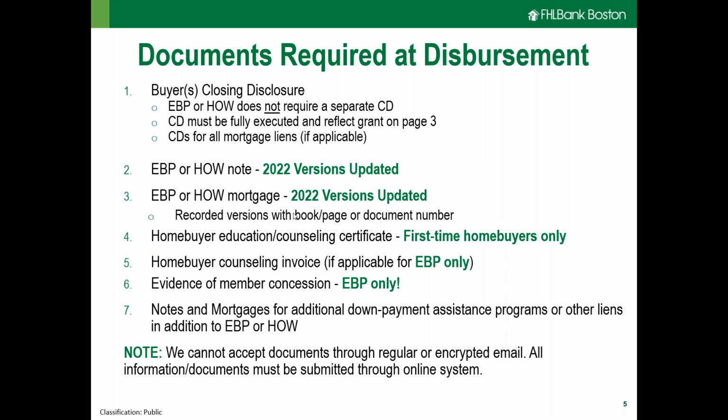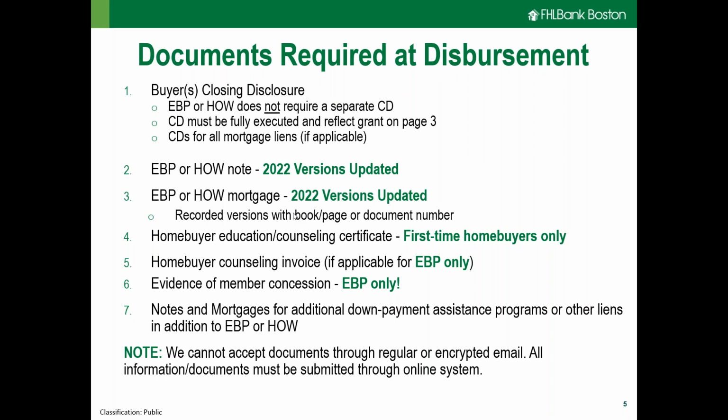For the mortgage, you're going to want to make sure you provide us a copy of that book and page of that document number within your respective registry of deeds. And we don't need the originals, as I mentioned. And if they're a first-time home buyer, we need a copy of the Homebuyer Education and Counseling Certificate.